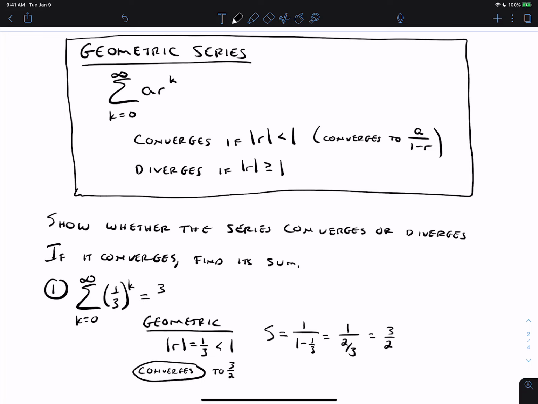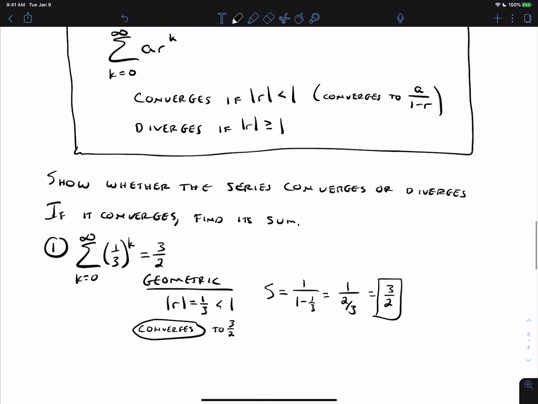Or we could write the sum k equals 0 to infinity of 1/3 to the k equals 3/2. So the answer to the first part of the question, show whether it converges or diverges, is converges. Its sum is 3/2. This is much quicker than going through the system of equations, but because we spent the time doing that with ar to the k, we don't need to do it every time. All right, let's look at another example.